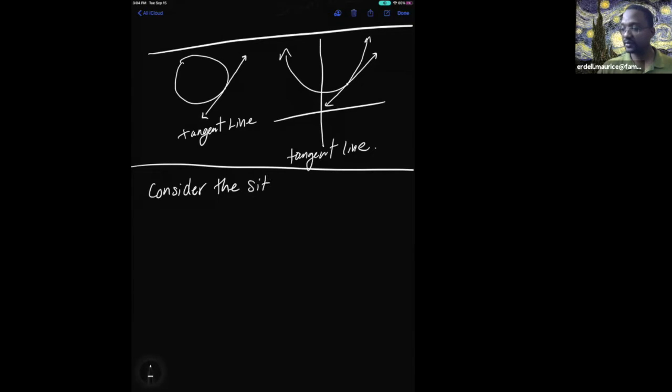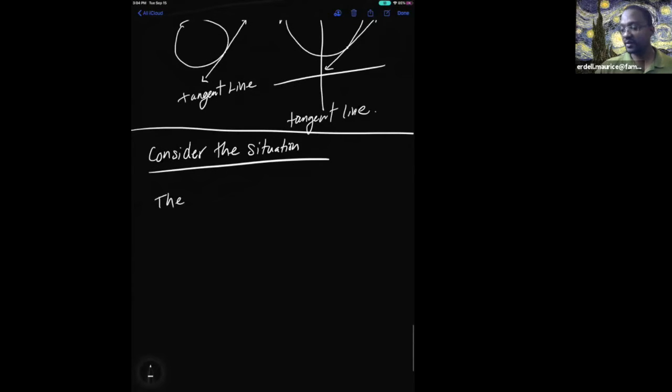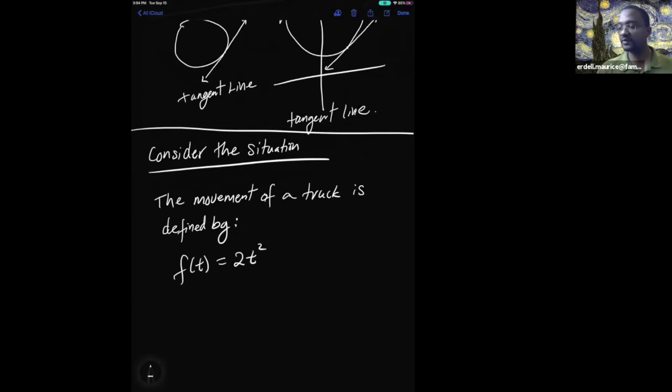The movement of a truck is defined by f of t equals 2t squared, where t is the time measured in seconds, while f of t is the distance measured in feet.